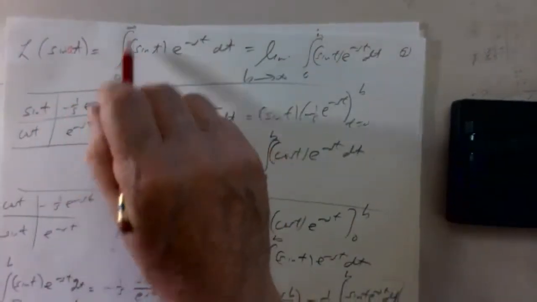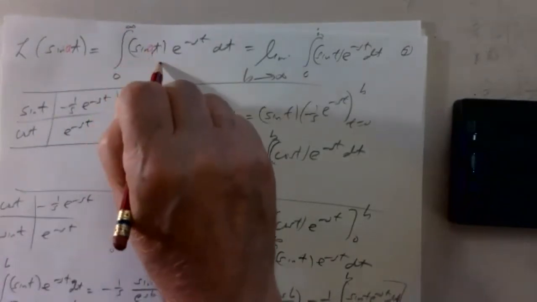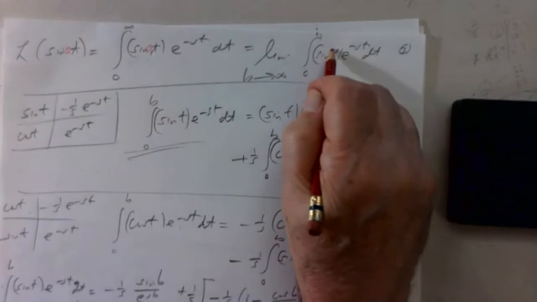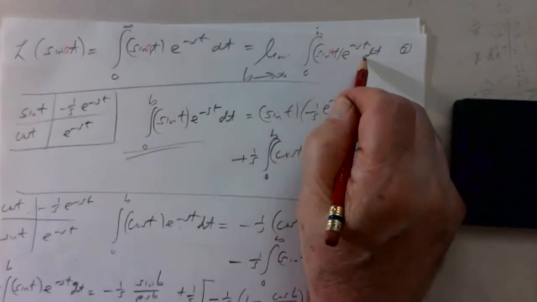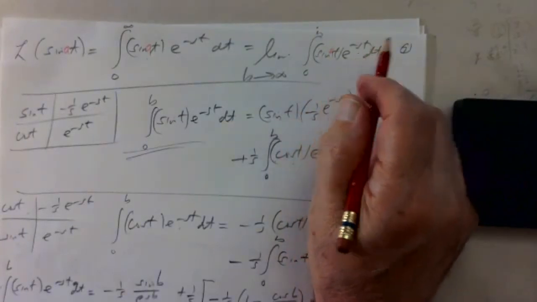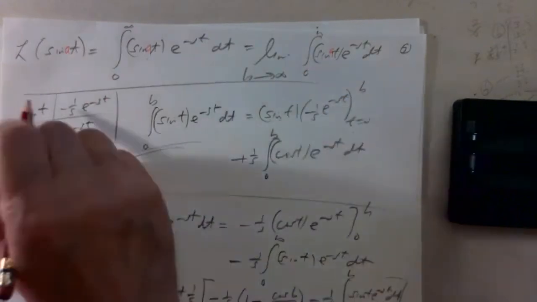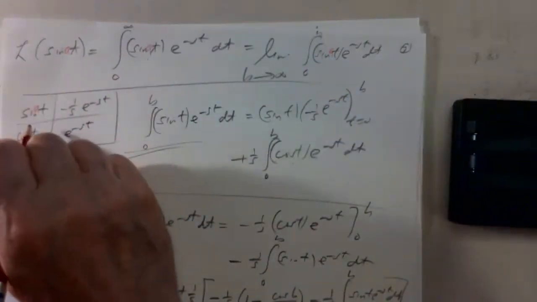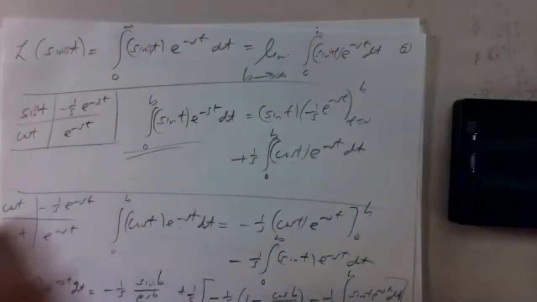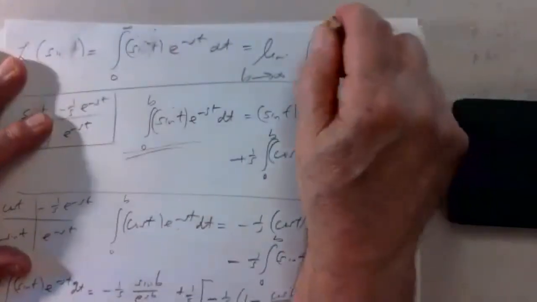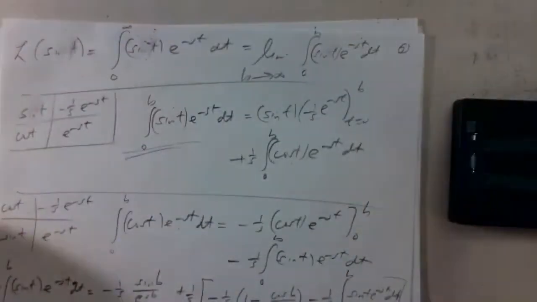So this is the integral from 0 to infinity of sine of at e to the minus st dt. So that's the limit of sine of at of this. Now, when I integrate by parts, actually, let me not do that because it's too hard squeezing in these letters. But just keep with sine t.